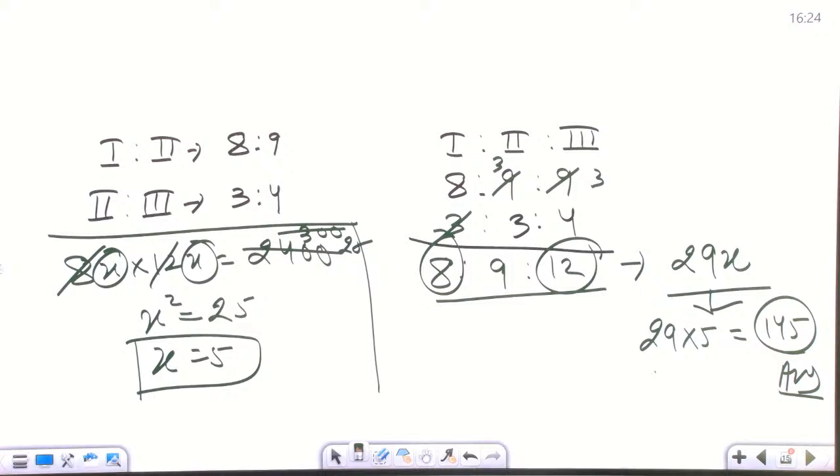I'm giving you one question and you have to do that question from your home. The ratio of the numbers of boys and girls is 13 is to 11.